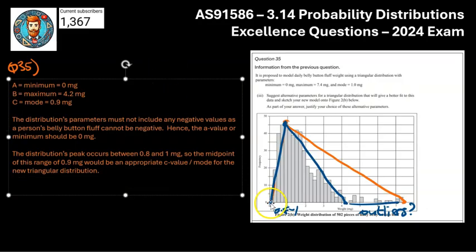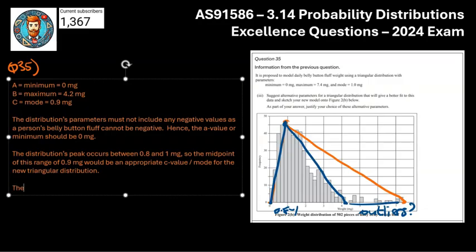So we've done the A value, we've explained the peak one quite well, I think, and now we've got the harder one to explain, the B value. And that was all about getting rid of the effect of the outliers and making sure the right-hand slope of the triangle reflected the distribution that we have. So let's start talking about why the maximum of 7.4, the original one, wasn't appropriate, and then transition that over to our new pick.